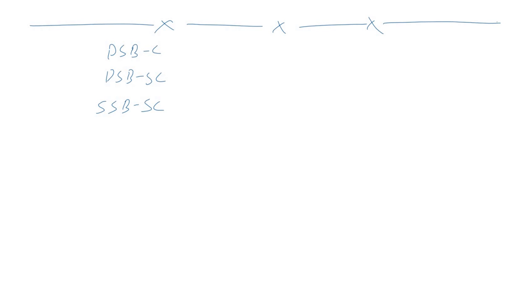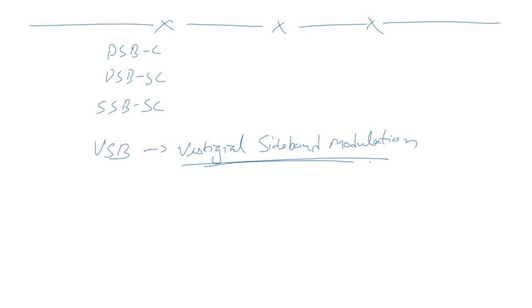Now moving on, we'll have a look at the fourth type of modulation scheme, that is vestigial sideband modulation. We'll have a look at the logic behind this vestigial sideband modulation and the need of this.